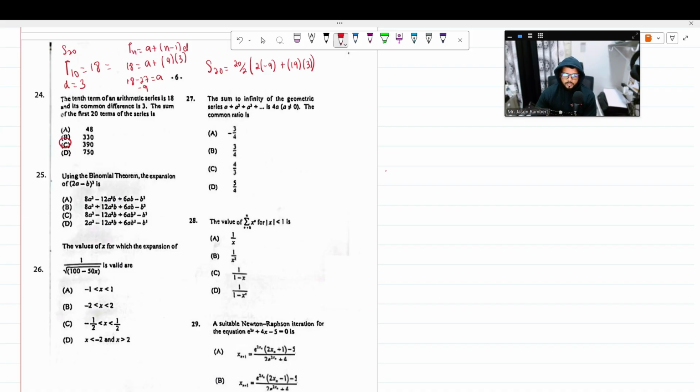For the binomial expansion, I'll start with 2a to the power of the highest power, then these powers go down and the next power goes up: minus b, plus 2a to the power 1 minus b squared, plus 2a to the power 0 minus b cubed. So in terms of the signs, I'm going to have 8a cubed for sure. So the answer is one of these three. From that, I'll have a negative number.